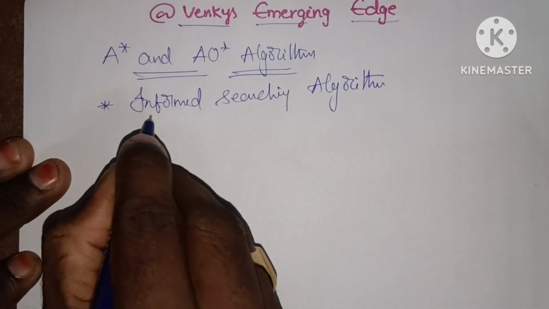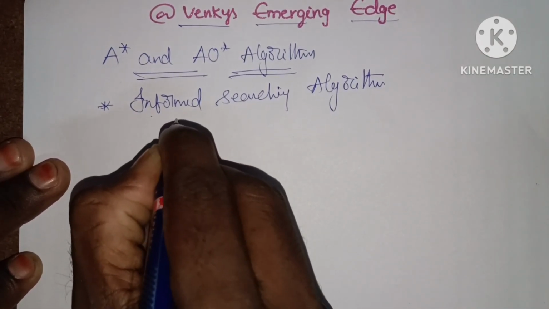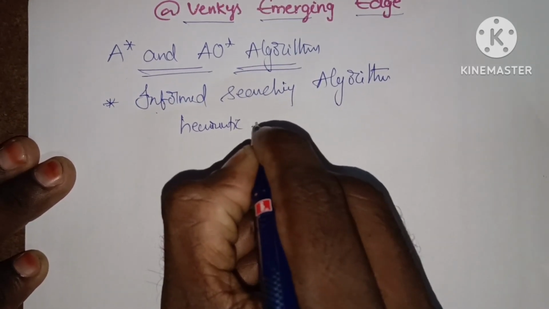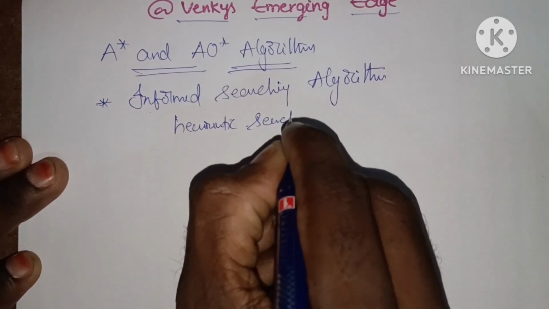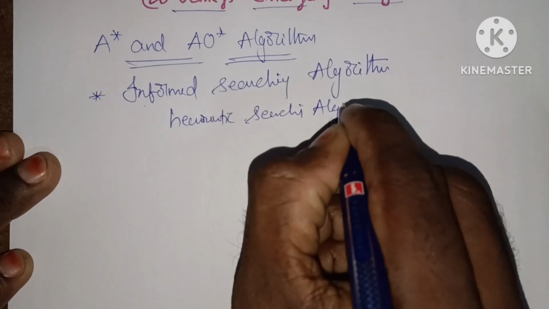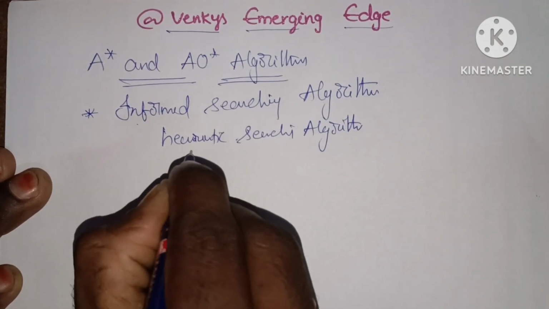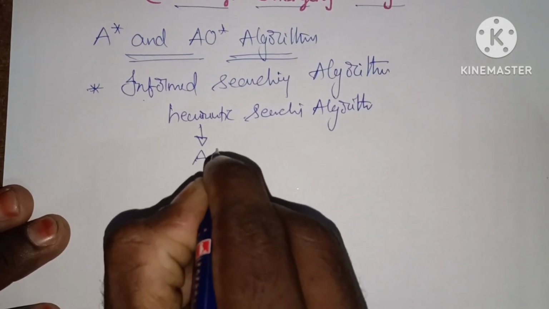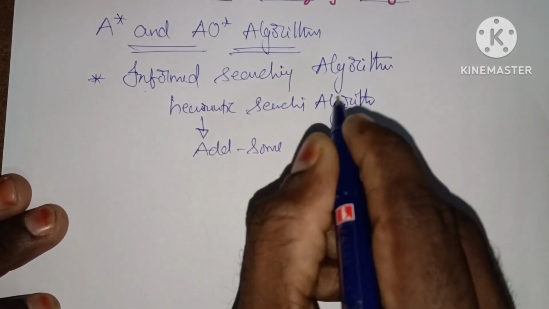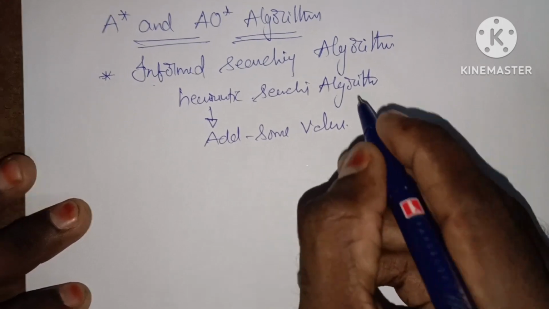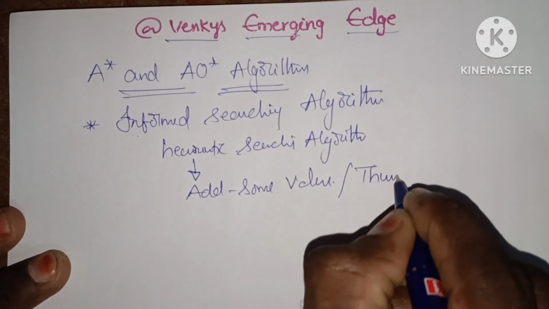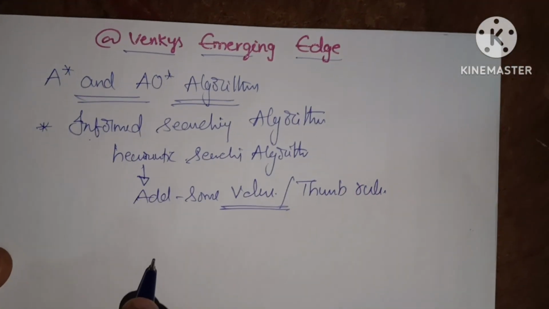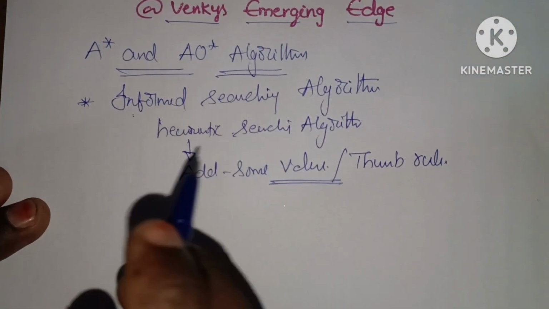I think all of you know that an informed searching algorithm is also called a heuristic searching algorithm. Again, what is heuristic? Heuristic is nothing but adding some value. It is also called a thumb rule. Is it clear? So it is an informed searching algorithm.